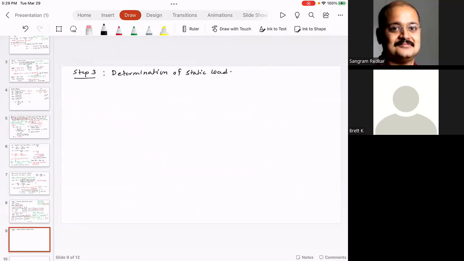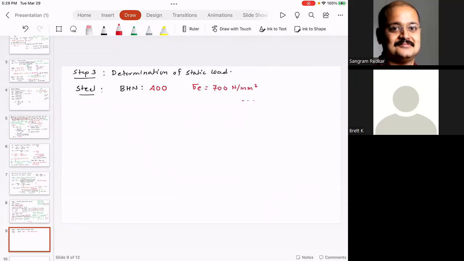We have to again go back to the table, and the material is steel, so we need to select the hardness and we need to select the value of sigma E. So what I'm going to do is use BHN 400 and sigma E equal to 700 Newton per millimeter square.